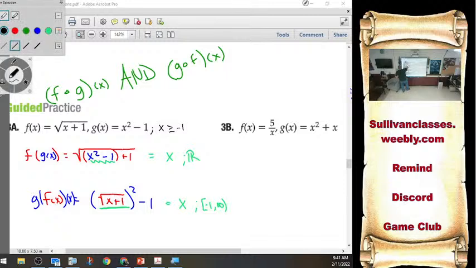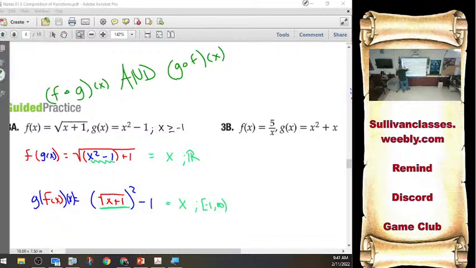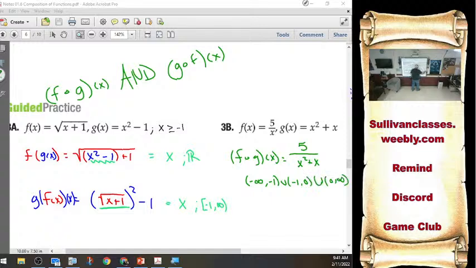Okay, contestant 2, fog and gof. A little faster. f of g of x is just 5 over x squared plus x. Not allowed to be 0 or -1. And g of f of x is gof.